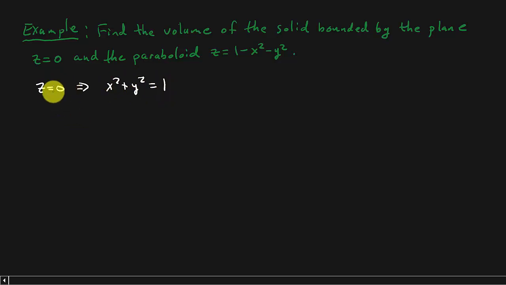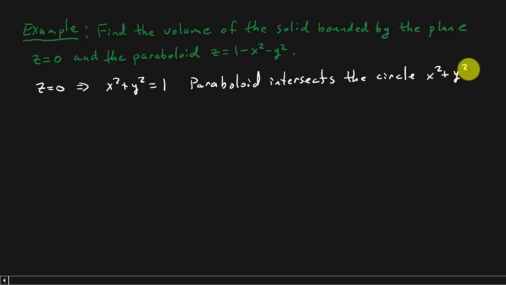See, if we take the 0 and plug it in for z here, and then we move the x squared and y squared over, we get x squared plus y squared equals 1. Okay. And the paraboloid intersects the circle x squared plus y squared equals 1.